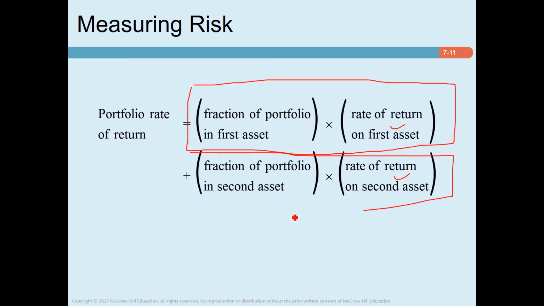We multiply these two and we sum them up and we get the portfolio return. Whatever the number of securities you have in your portfolio, to calculate portfolio return, you multiply each individual stock return with its corresponding weight and you sum them up to get the portfolio rate of return.